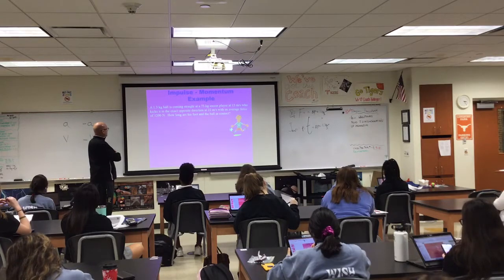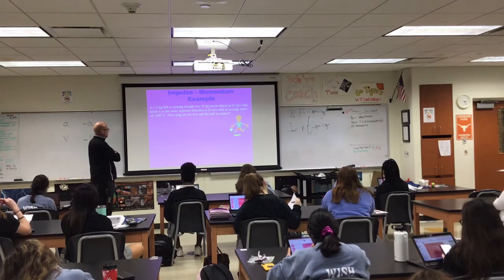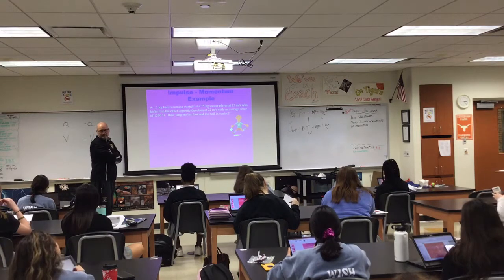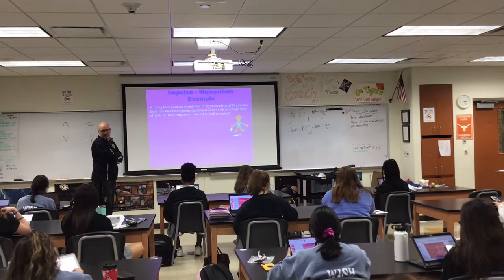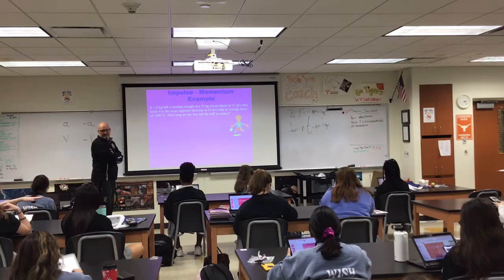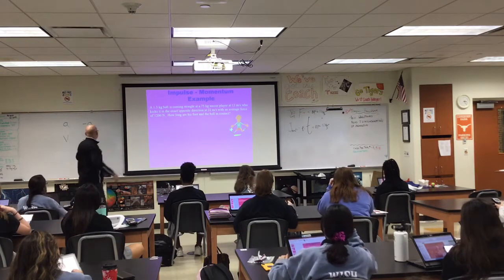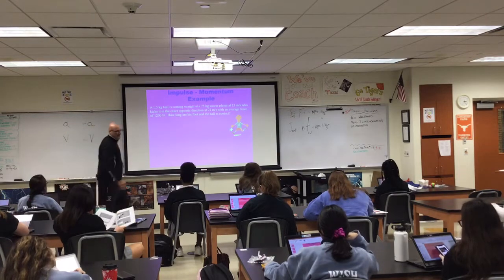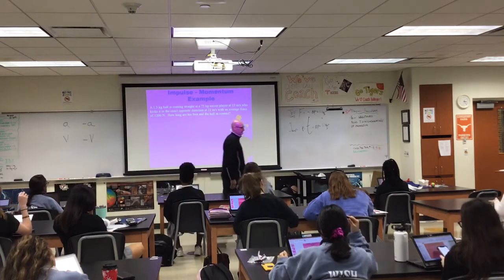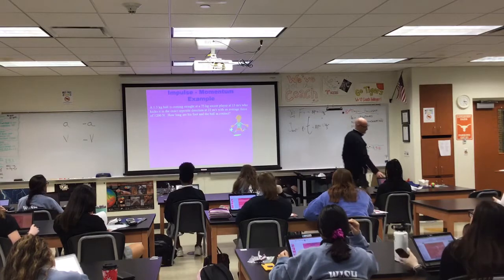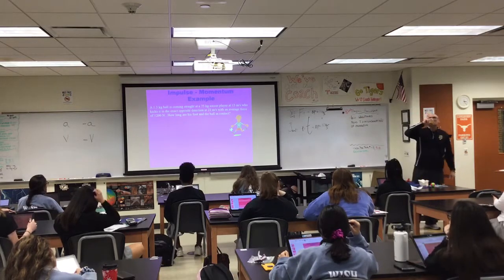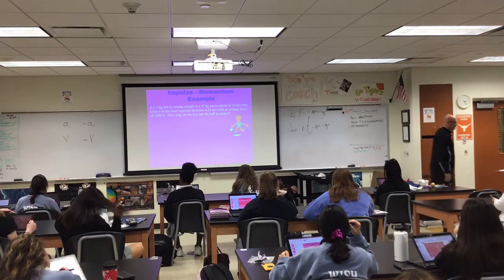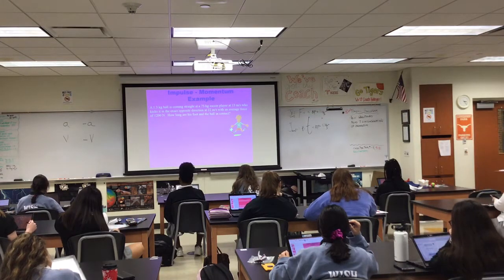You kick it in the exact opposite direction at 22 meters, so now it's going 22 meters per second in the opposite direction. I read it as 22 minus 13 in the new direction. Okay, but you gotta treat velocity as a vector. I'll explain that in a second to you. Just for right now, treat it as a vector.